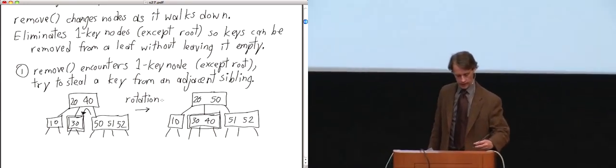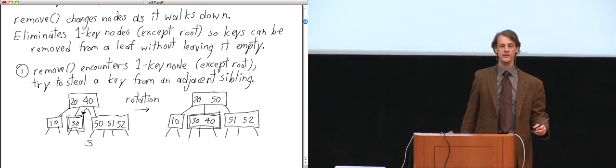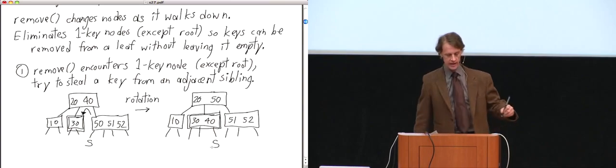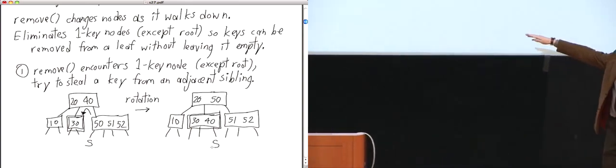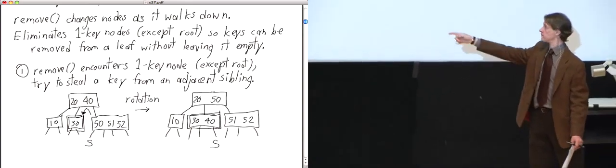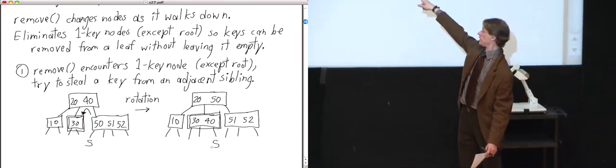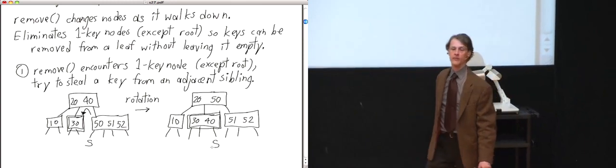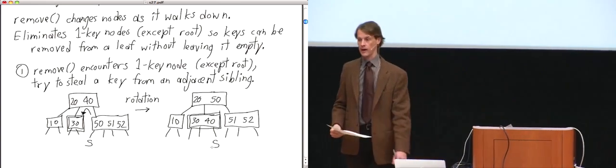In particular, there was a subtree here hanging off the left side of the 50, which is now hanging off the right side of the 40. Now, that subtree, by the search tree invariant, is full of keys that are between 40 and 50. And here it's still full of keys that are between 40 and 50. So we're still good. But you do have to reorganize the children of these nodes for the restructuring to work correctly.